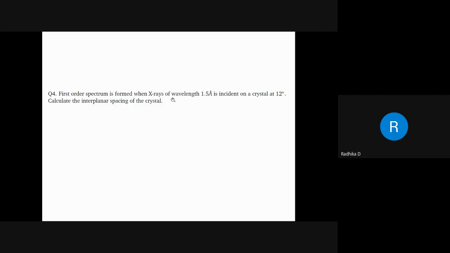Calculate the interplanar spacing of the crystal. Let me repeat the question.